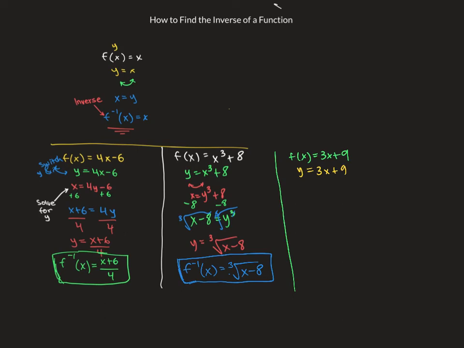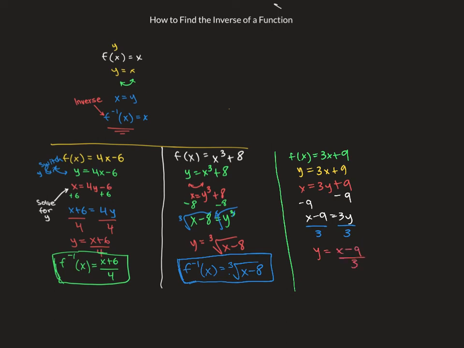Then we swap, so we get x is equal to 3y plus 9. And then we solve for y. So now we subtract 9 from both sides, so we get x minus 9 is equal to 3y. And once this happens, you isolate y. So divide by 3, divide by 3. So then you would get y is equal to x minus 9 over 3.